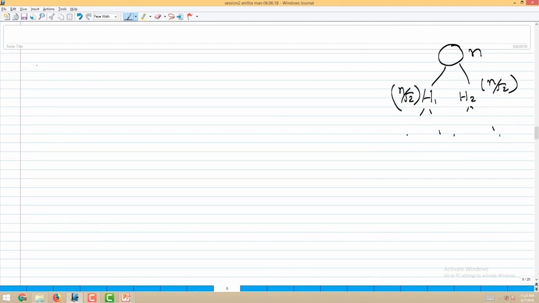So, at the ith level, number of nodes will be, can you tell me? Here it is n by root 2, the next level it is going to be n by 2, correct, like this.